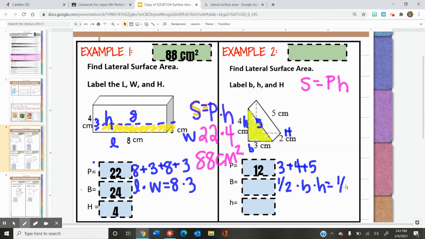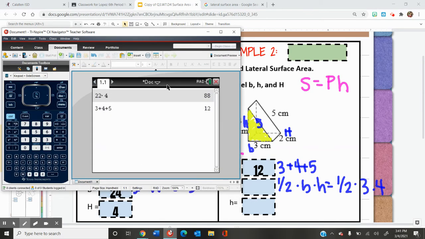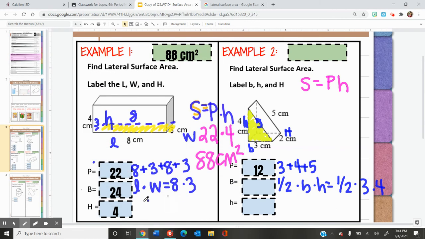So this equals 1/2 times the base, which is 3, times the height, which is 4. In my calculator, I'm going to do control divide, 1 on top, 2 on the bottom, multiplying this by 3 and by 4. So here we get 6 as the area of my base.